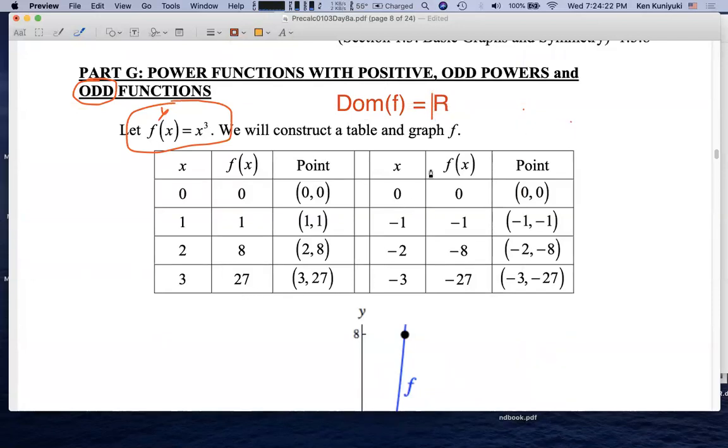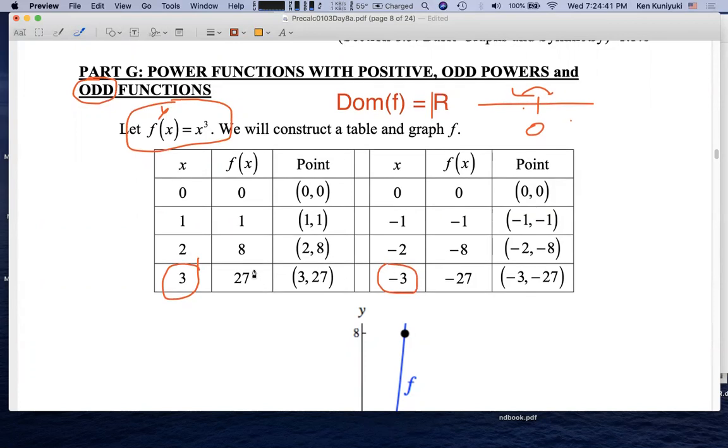Now here, remember, the domain has to be symmetric about 0 in order for a function to be either even or odd. And why is it odd? Because when you input opposing values of x, like 3 and -3, you get opposing values for y.